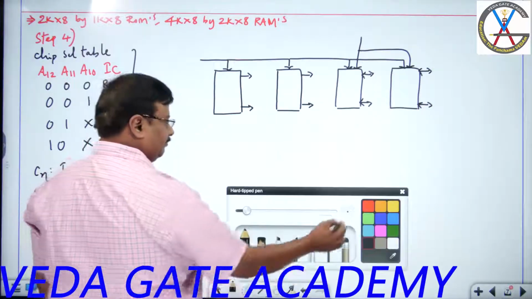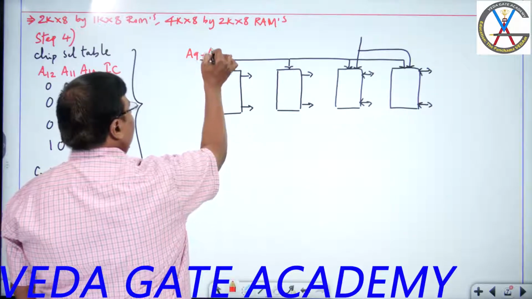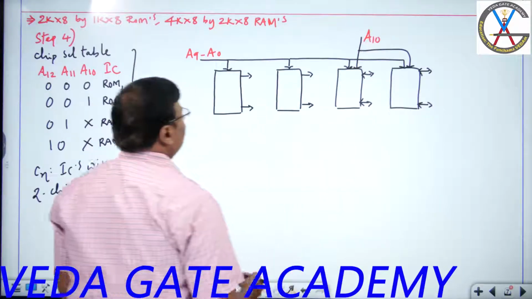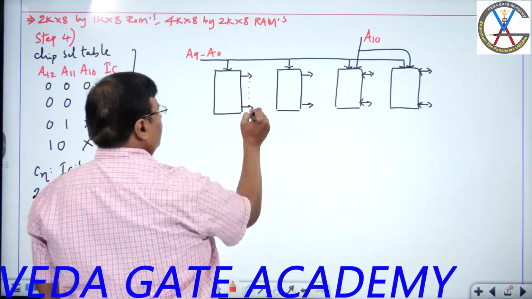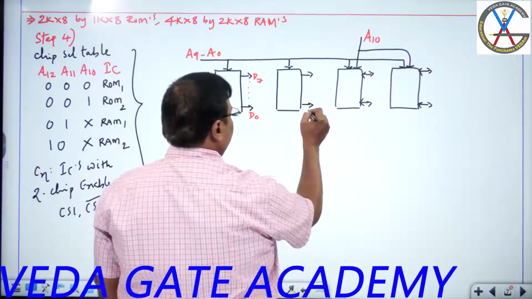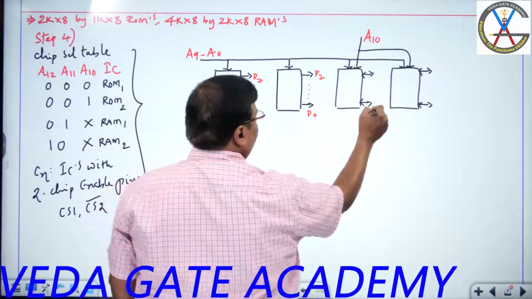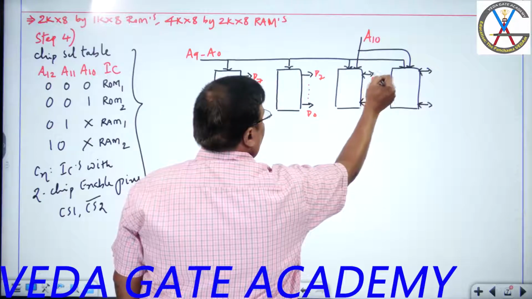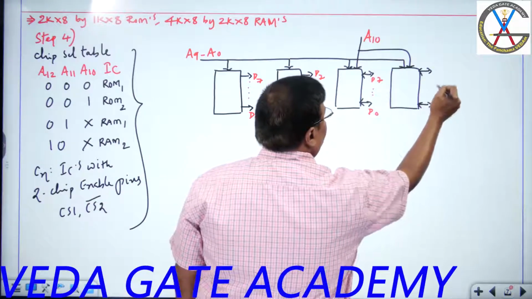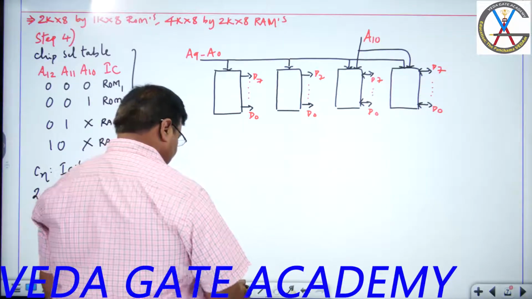Notations: A0 to A9, A10, D0 to D7 for ROM, D0 to D7 for RAM.